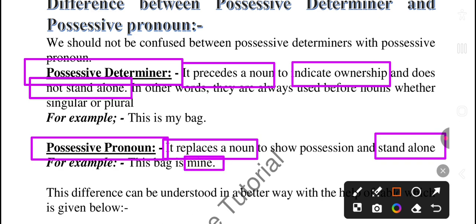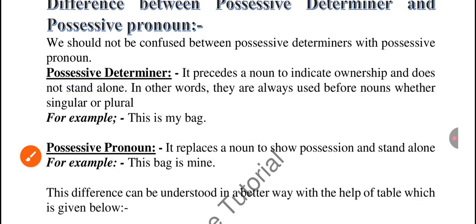Here the word mine has been used alone. No noun is following this word mine. Therefore, this word mine is acting as a possessive pronoun over here.